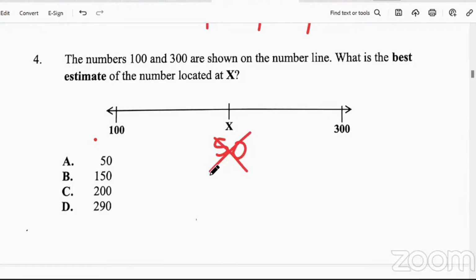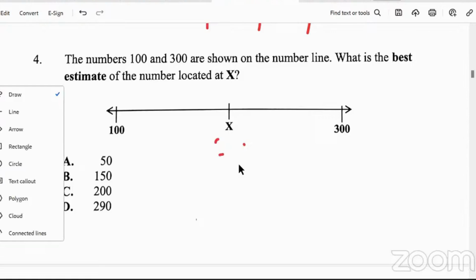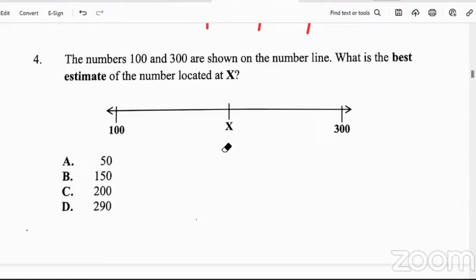Next, we try 150. We're trying all the options. So let's try 150.